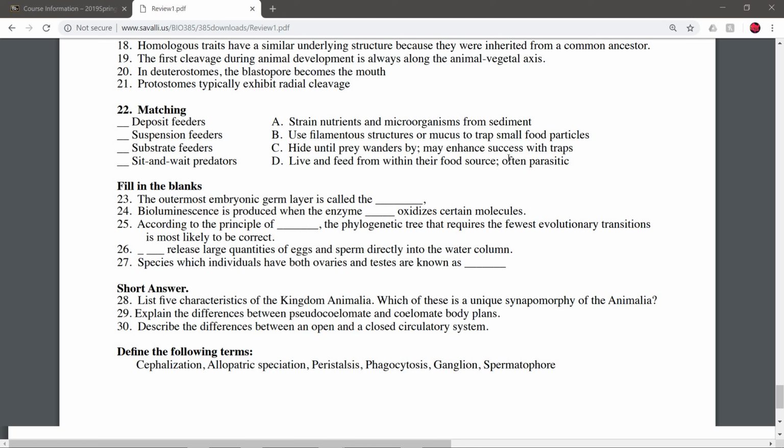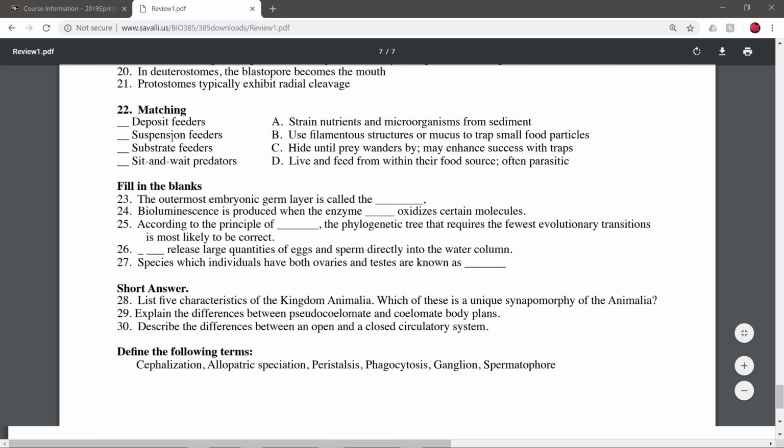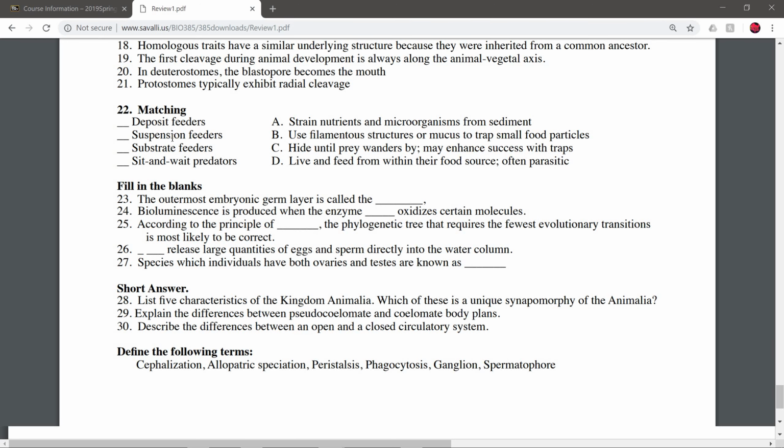All right, matching. Deposit feeders. Which letter describes deposit feeders? A. Which letter represents suspension feeders? Anybody?